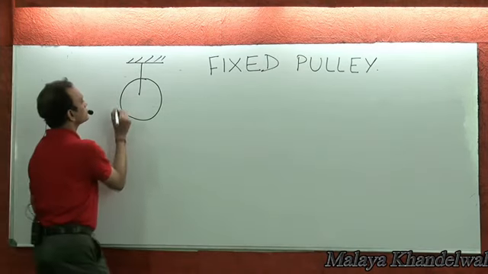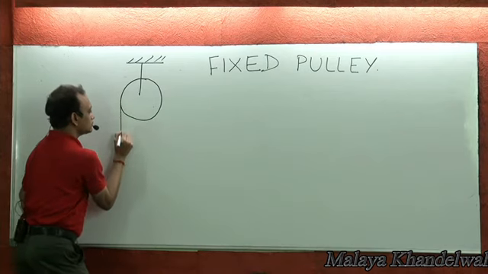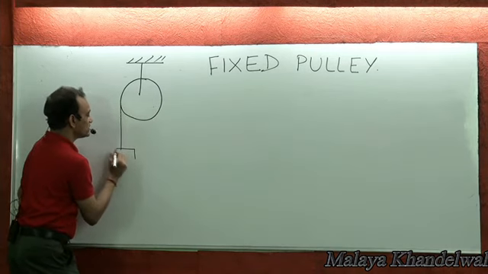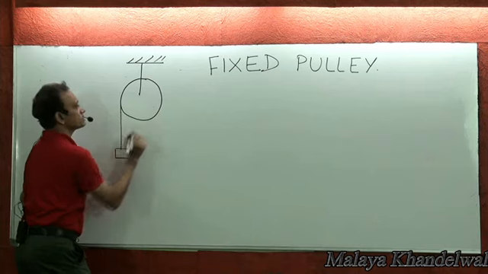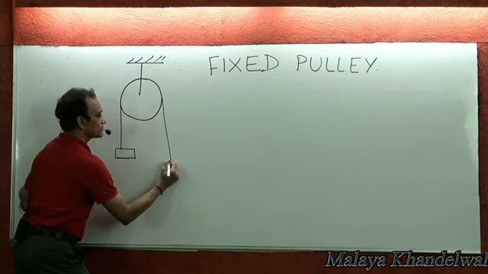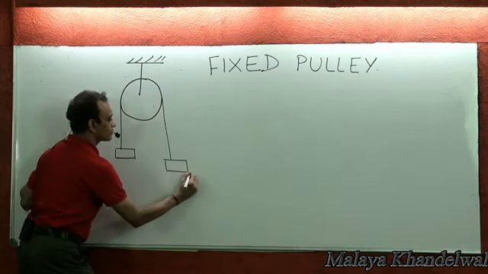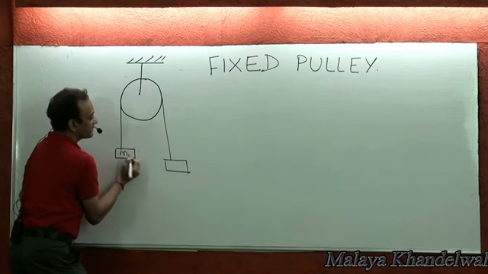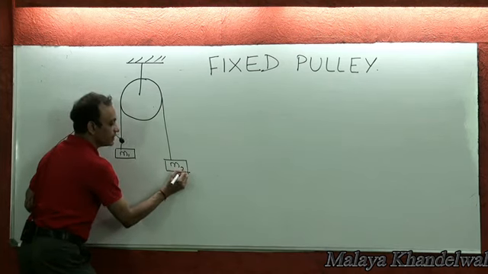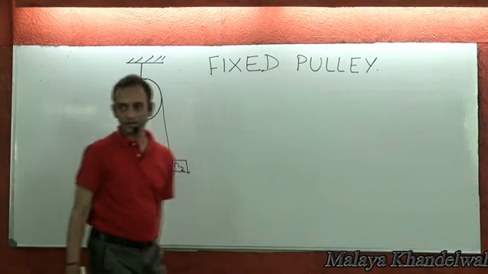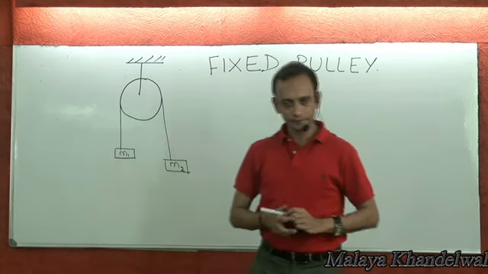And say these are two ends where two particles could be attached. Say there is a particle m1 attached to this end and a particle m2 attached to this end of the pulley. All right.